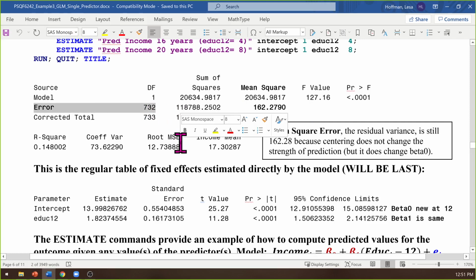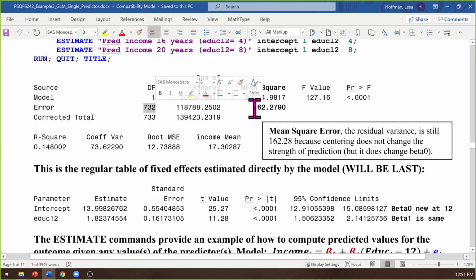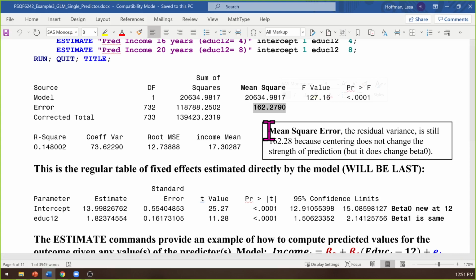So if you have a variable entered as a predictor that has no relationship whatsoever, then it may not reduce the total information that's been captured, but it does reduce the degrees of freedom, and that can result in a net increase in mean square error, although that is very atypical. I have seen it happen. Generally speaking, mean square error will stay the same as the worst case scenario, and it should go down to the extent that your variable that you've entered as a predictor has any kind of relationship with the outcome.